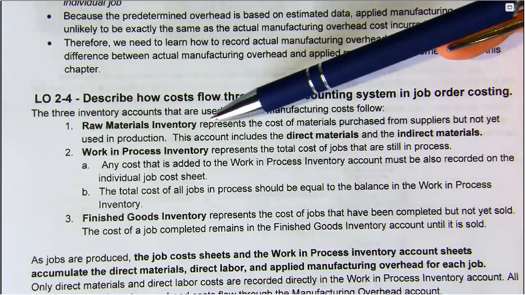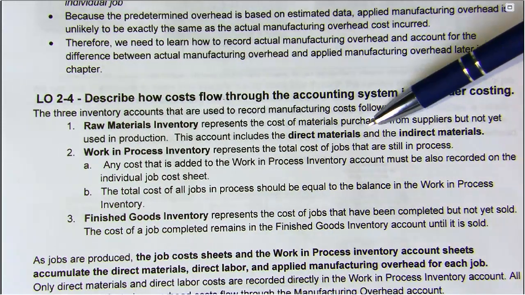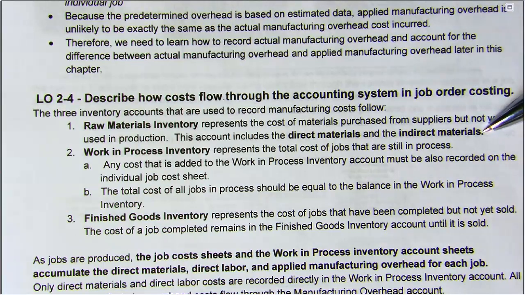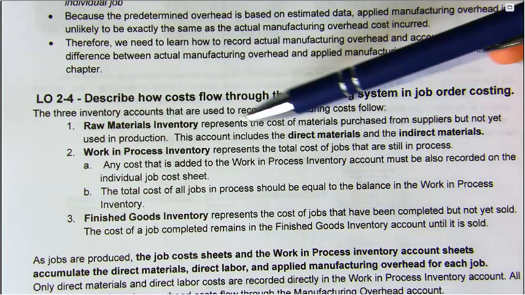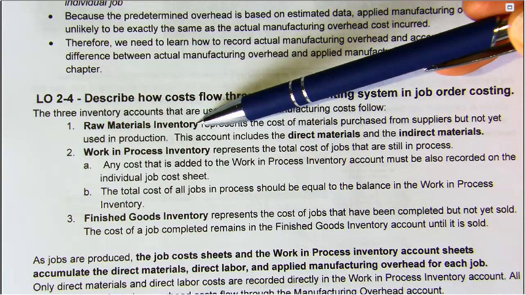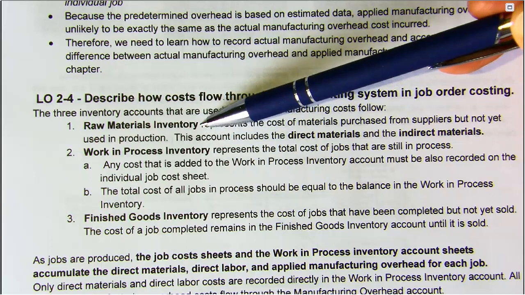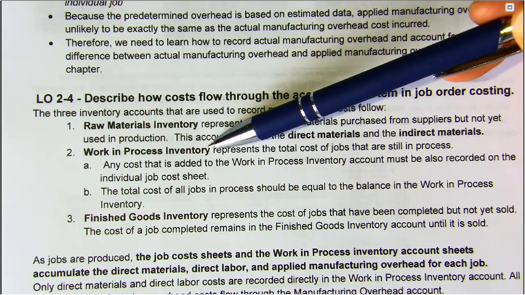So this account includes direct materials, which can be traced, as well as indirect materials. When that materials requisition form then requests materials into the production process, whether they are direct or indirect, those materials get credited out of the raw materials inventory account, and get debited into the work in process inventory account.